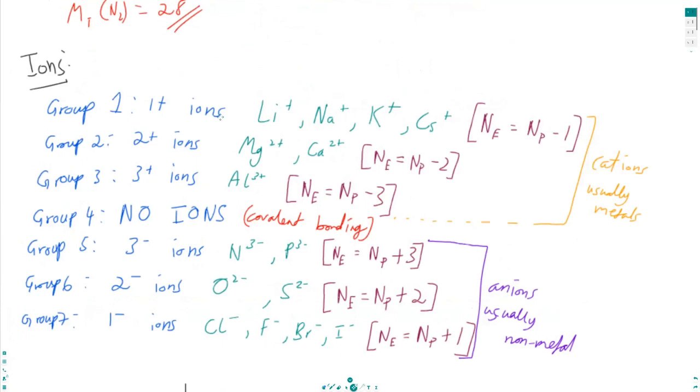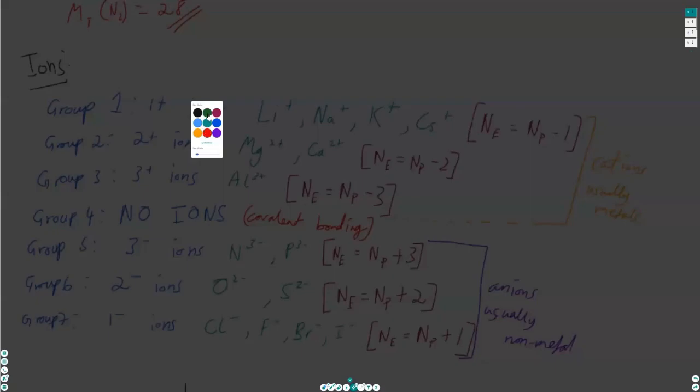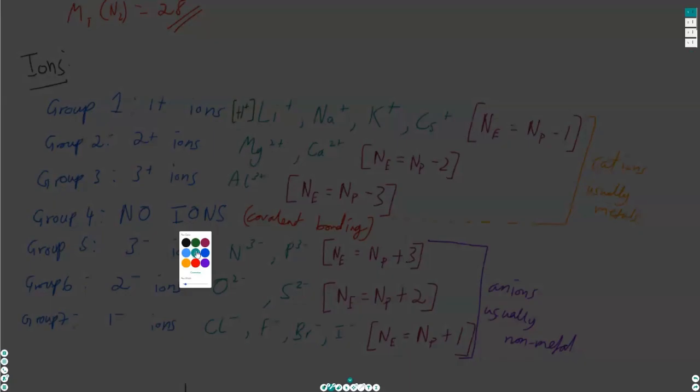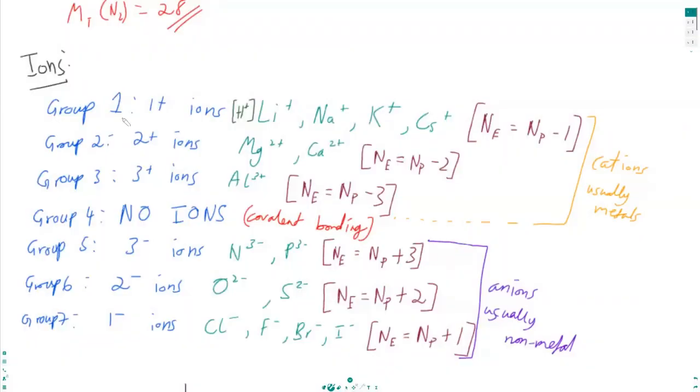Hydrogen, technically, should be in group 1, so I'm going to put hydrogen in brackets. H plus does form a positive ion, but in this case it's just a proton. Technically it should be in group 1 because it does form 1 plus ions.